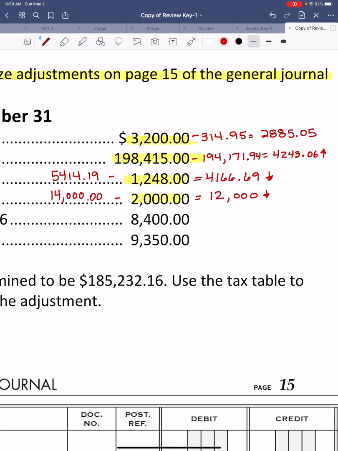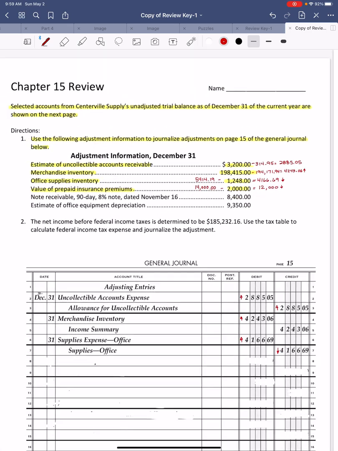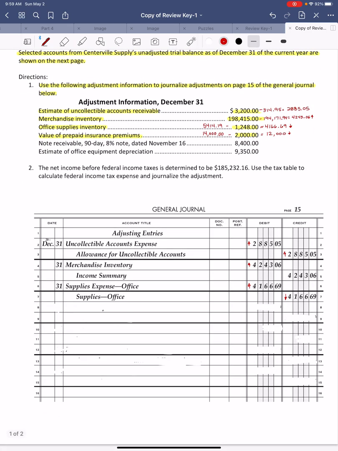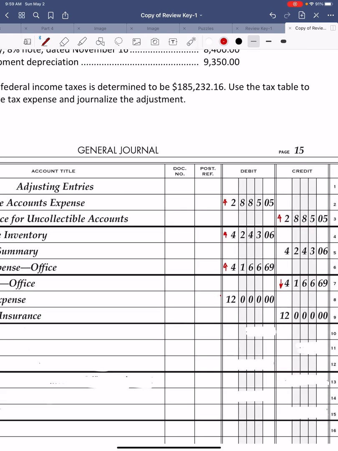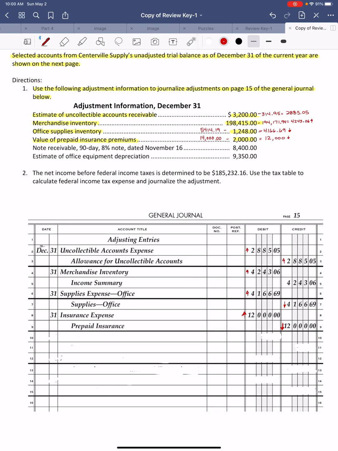So our insurance has gone down by $12,000. Okay, our adjustment then, it's the 31st. Insurance expense is going up by $12,000. Prepaid insurance is going down by $12,000. So again, this $12,000 will make our insurance expense go up, and our prepaid insurance is going down.